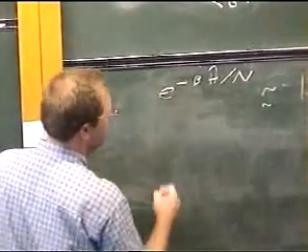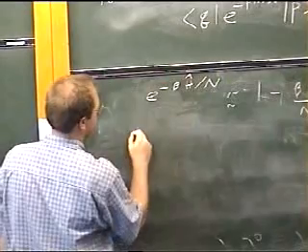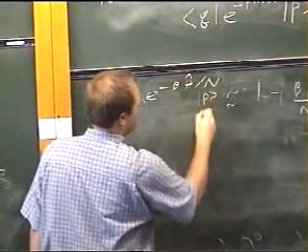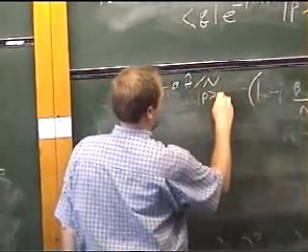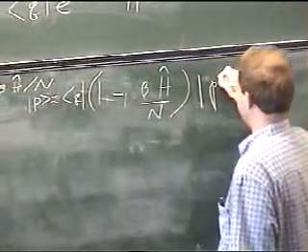And then I can just take the matrix element here, so I'll put a q and a p on each side.